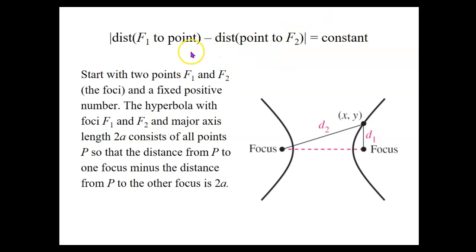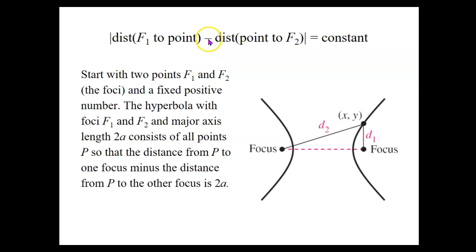The other alternative definition, the other way of defining a hyperbola, is to start with 2 points to be the foci and a fixed positive number, and then take all points so that the distance from that point to one focus, minus the distance from that point to the other focus, is that specific number, 2a.